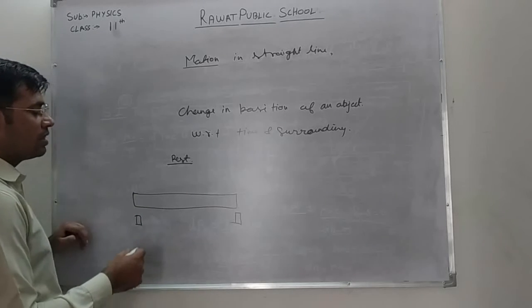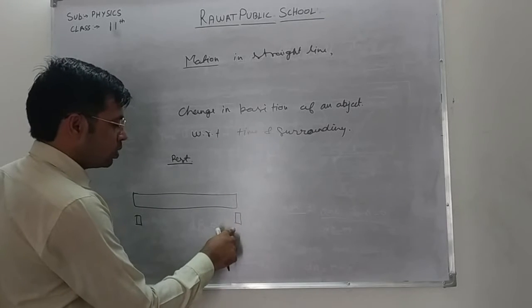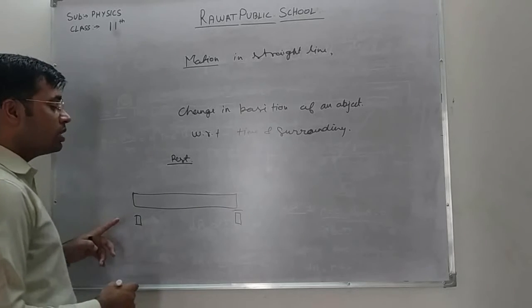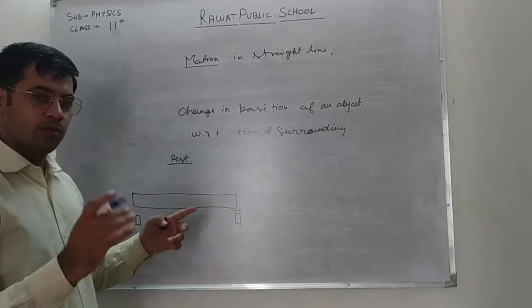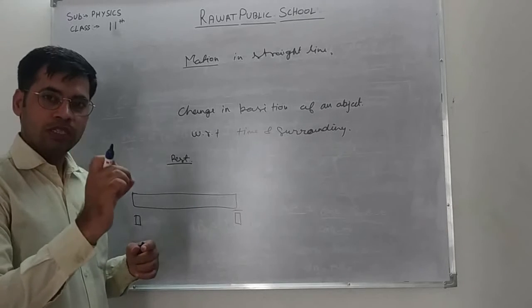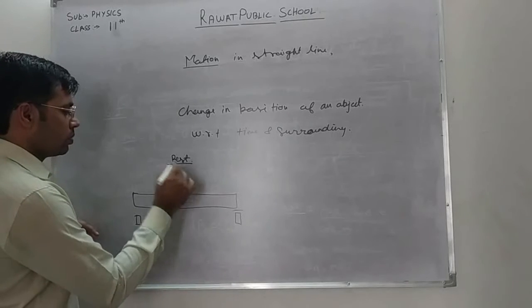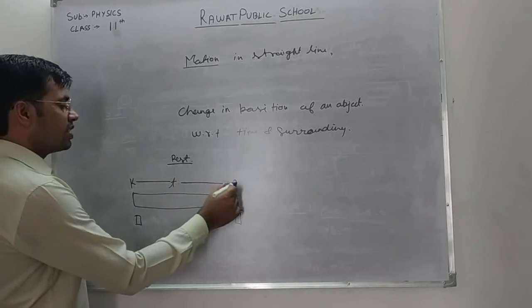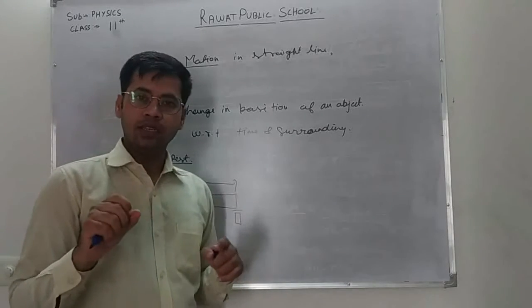At the end of our observation, we found that the object is at some different location. That means the surrounding of the object has changed, so this object was in motion during that time. The time has changed and the surrounding has changed, so we can say the object is in motion.